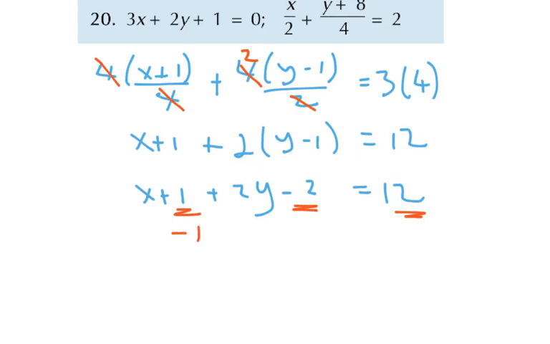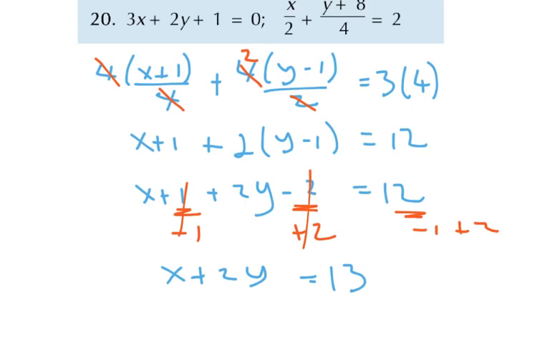So I'm going to subtract 1 from both sides, and I'm going to add 2. That's going to cancel these out on this side, and it's going to add them over here as minus 1 plus 2. So I have x plus 2y is equal to, the 1s and the minus 2 have gone, and over here I have 12 plus 2 is 14, minus 1 is equal to 13. So that's equal to 13.